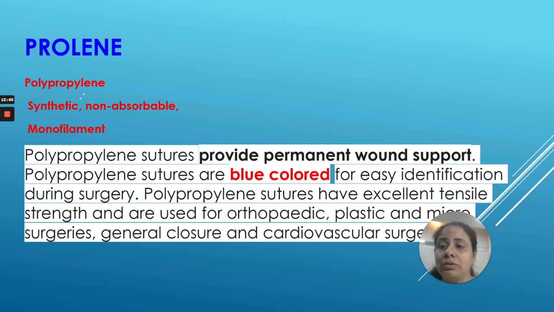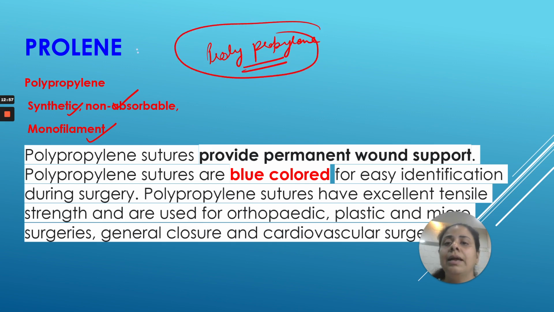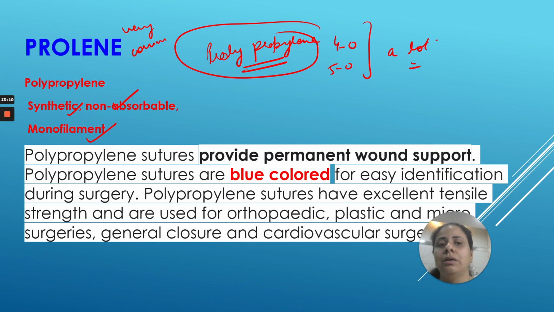Now the Prolene. Prolene is also synthetic, non-absorbable and monofilament. The material is polypropylene. It is a very commonly used suture. I have used 4-0 and 5-0 Prolene a lot for my extraoral skin closures.